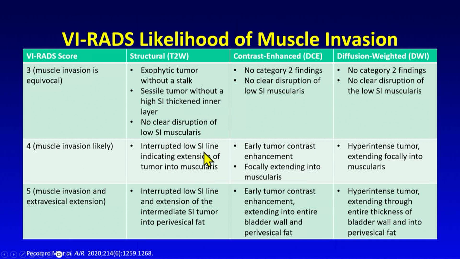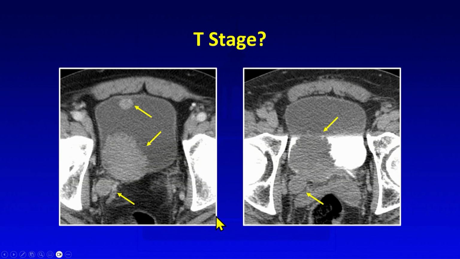When we get to VI-RADS 4, we do get interruption of that low signal intensity line, indicative of extension into the muscularis. With VI-RADS 5, we not only have the interrupted line, but we also have extension of tumor into the perivesical fat. So now I'll show you some examples.